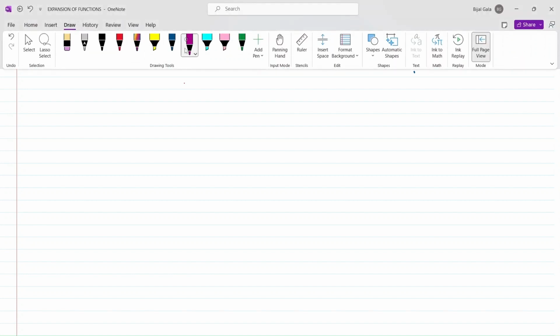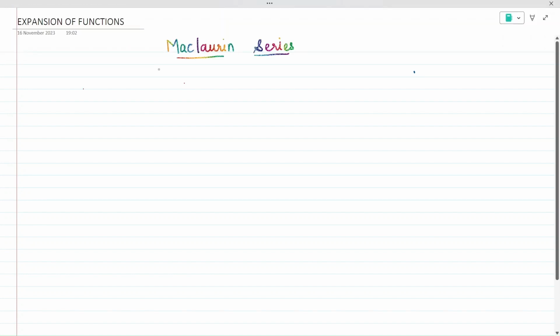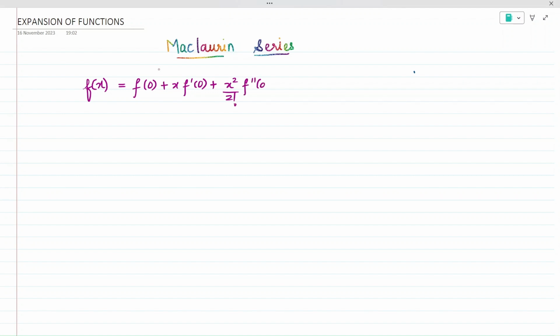So before starting with any questions on Maclaurin series, let's understand what the formula for Maclaurin series is and then we'll apply it. So the function which is given to us, say maybe the variable is x, so f of x is equal to f of 0 plus x times f dash of 0 plus x squared by 2 factorial times f double dash of 0 plus x cubed by 3 factorial f triple dash of 0 and so on.